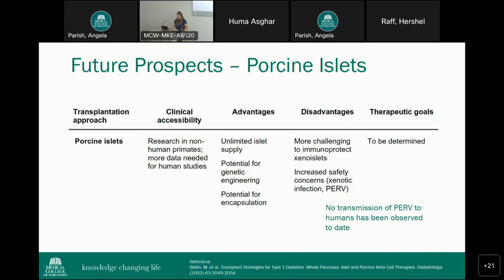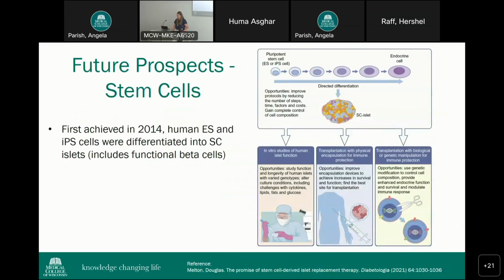And so stem cells were also thought to be a feasible option, first achieved in 2014. And they were looking at making functional beta cells. However, one challenge with the stem cells is that the functional beta cells made are not as robust as the beta cells derived from the pancreas itself.